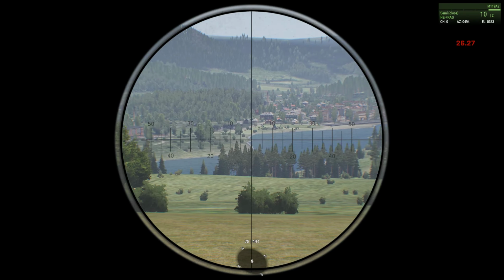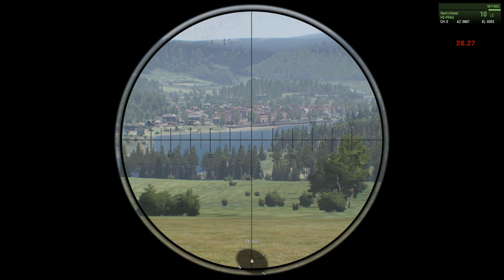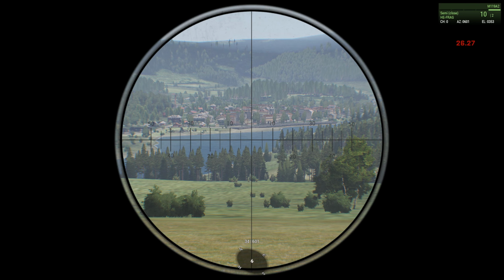Zoom her in. Go to azimuth 601. And we're going to drop our elevation down to 232. And we will send a single round.